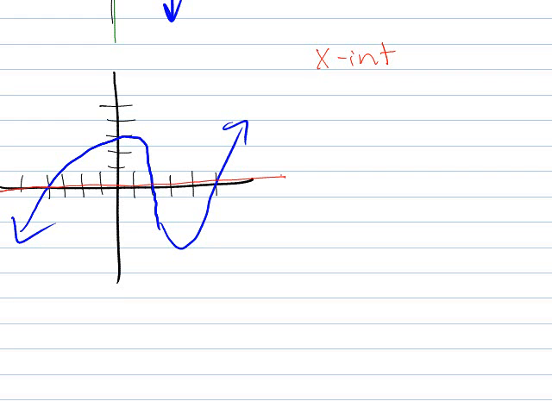Nonetheless, you're looking for the x-intercept where it hits this line here. We notice it hits here, and here, and here. So now all that's left is to find the coordinates of each of those points. So go 1, 2, 3, 4: -4, 0. This one's at 2, 0. This one's at 1, 2, 3, 4, 5: 5, 0.